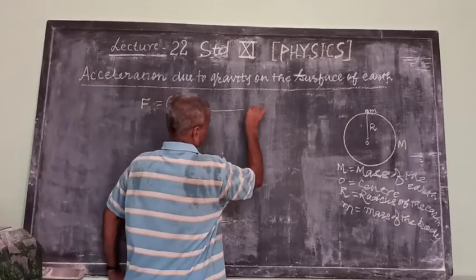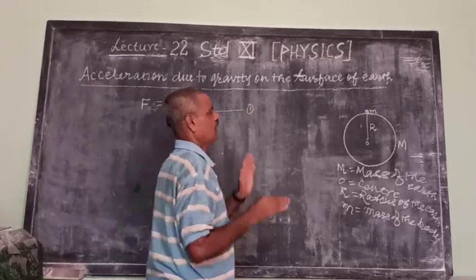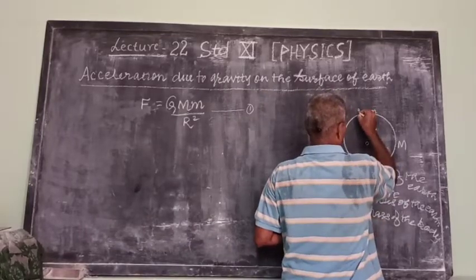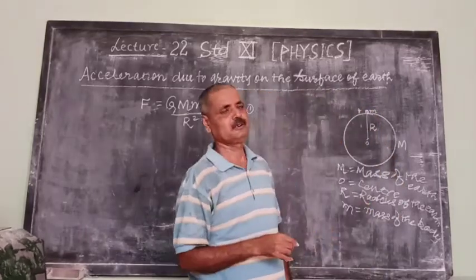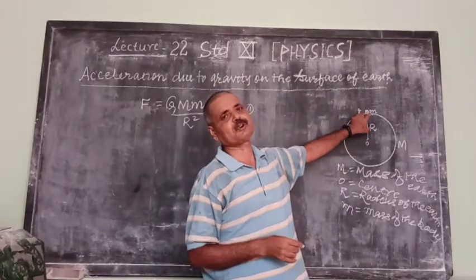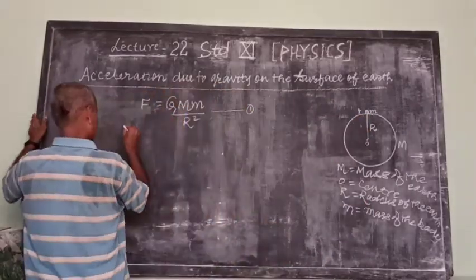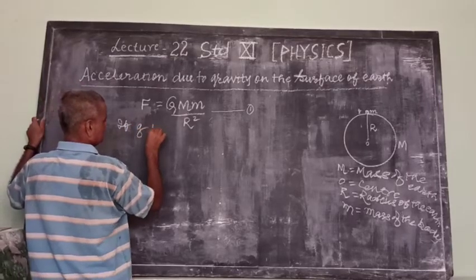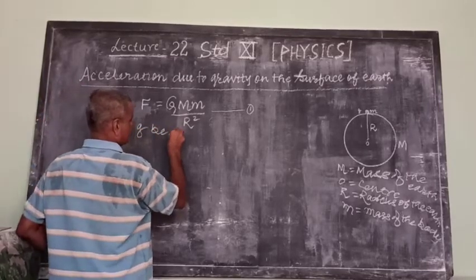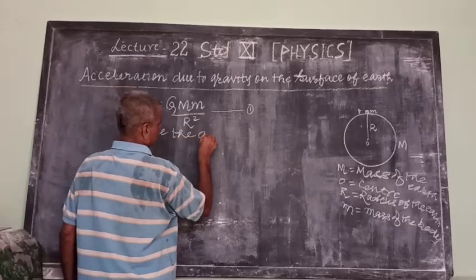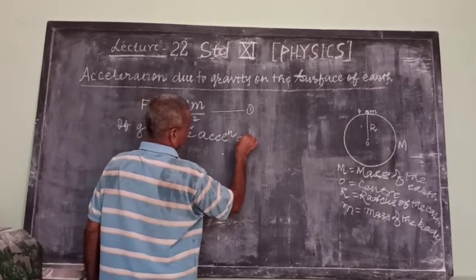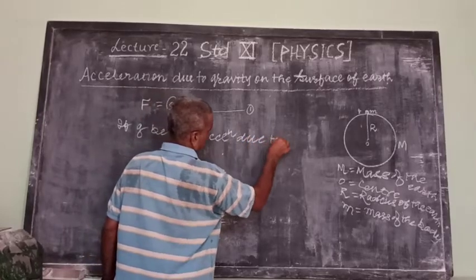Suppose this is the first equation, and let g be the value of acceleration due to gravity on the surface of Earth.